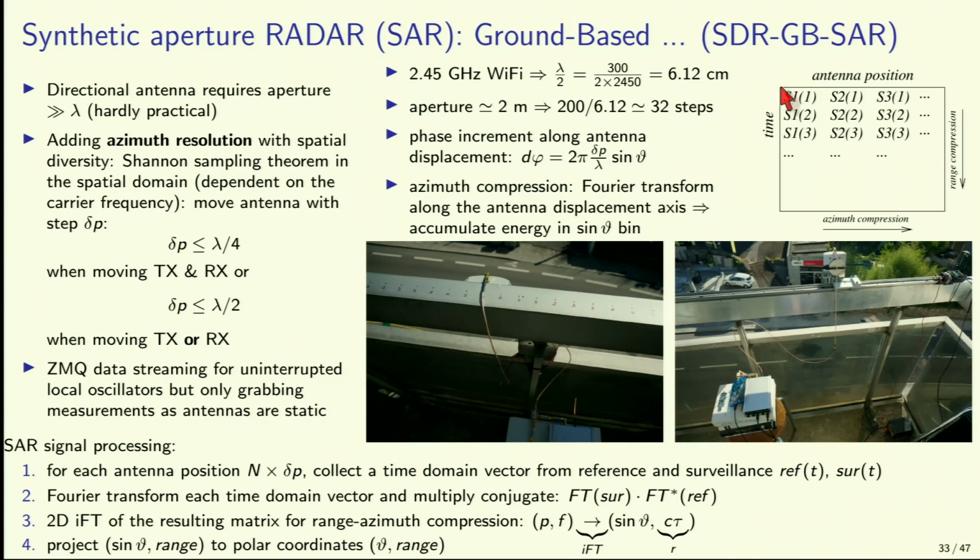So actually what you do is you collect in the time domain for each position many samples, you move them along the azimuth position, and then you take a 2D Fourier transform. We saw that correlation is a Fourier transform along the time domain, and now azimuth compression is a Fourier transform along the antenna positions. Of course, many fewer antenna positions than time domain samples.